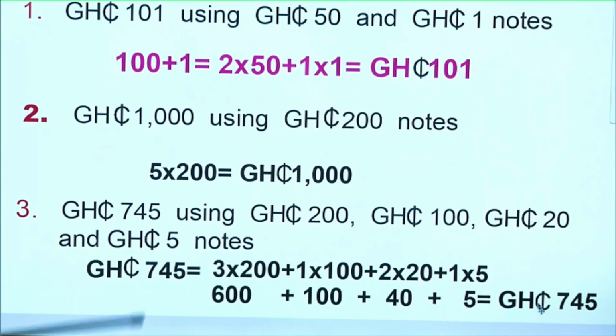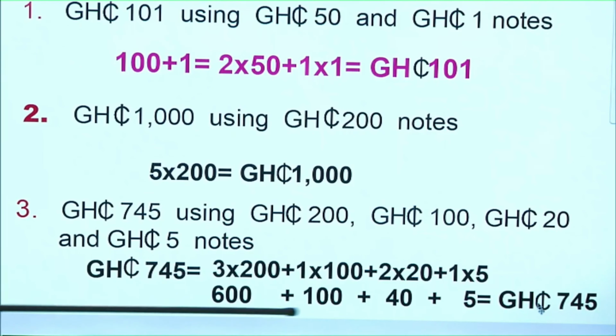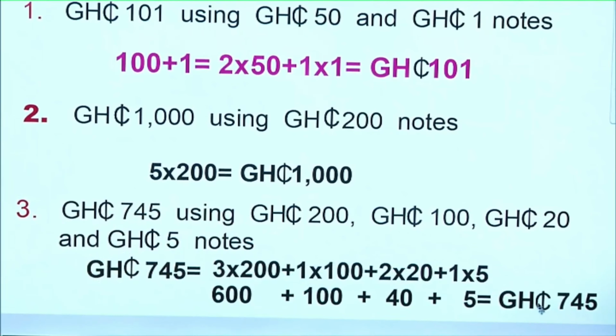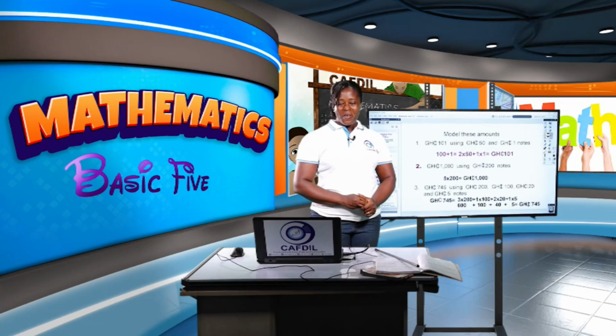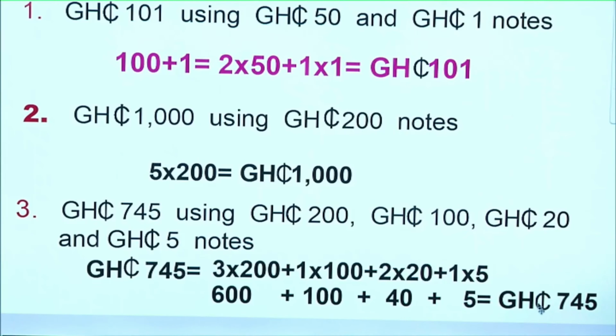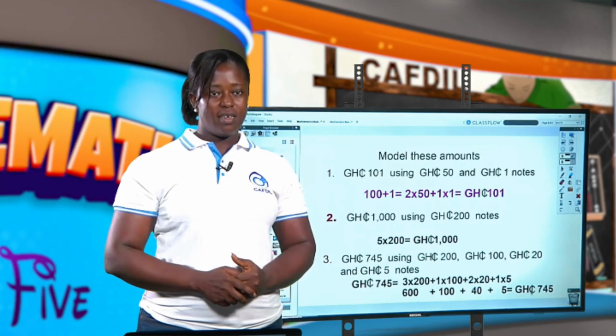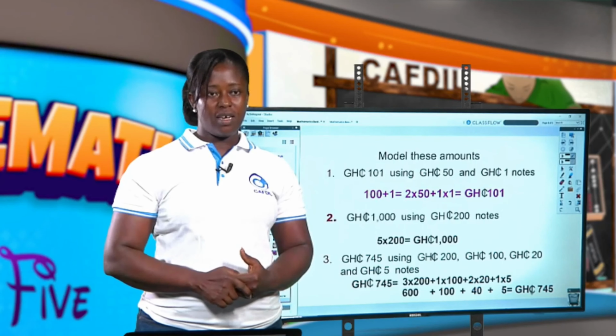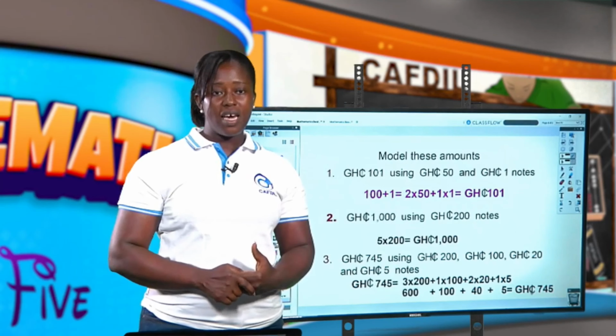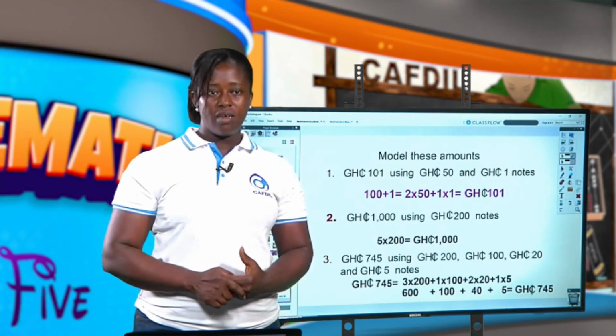And at the end of everything, we had 745 Ghana cedis. This is how we model amounts using the token currency notes. All right, learners, I hope you have enjoyed today's lesson. It has been interesting. Yes, this is the application of what we did previously.